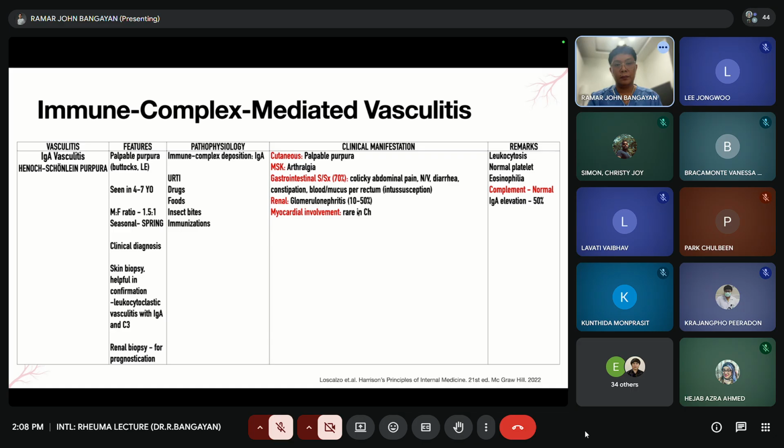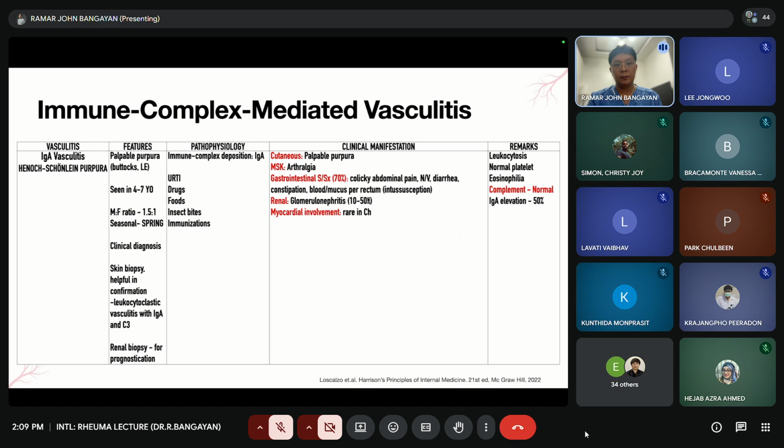Is that clear? You have the triad for IgA vasculitis, but once it worsens, it becomes your IgA nephropathy. That's the pentad. You include decreasing renal function and decreasing sensorium.